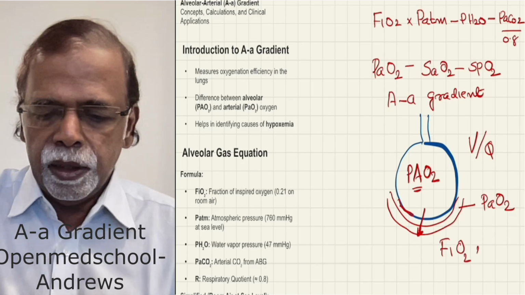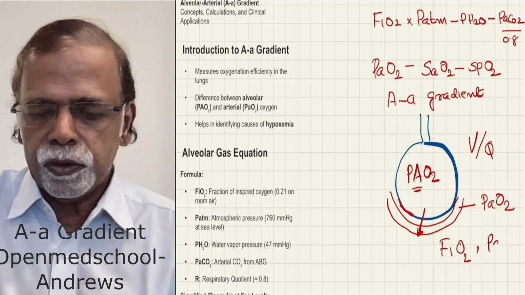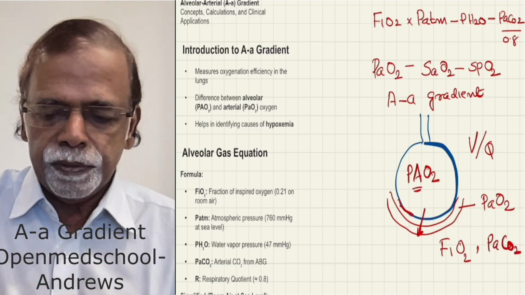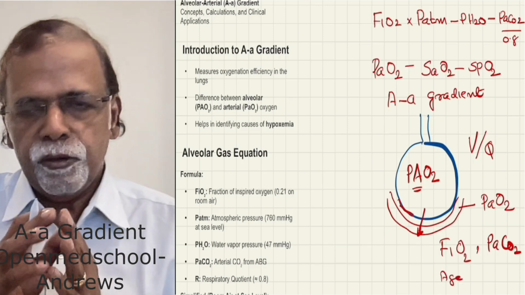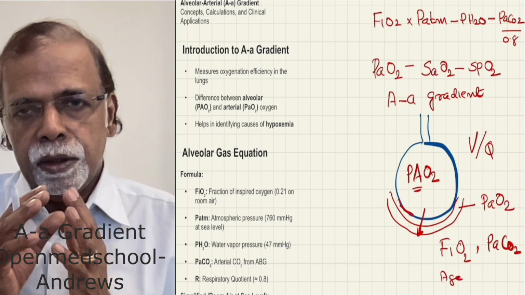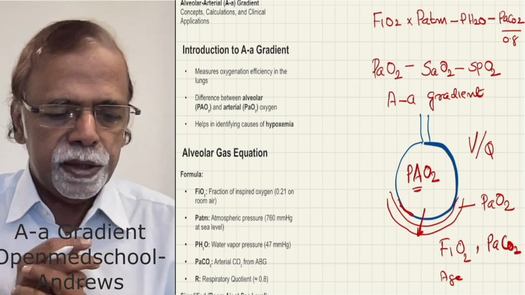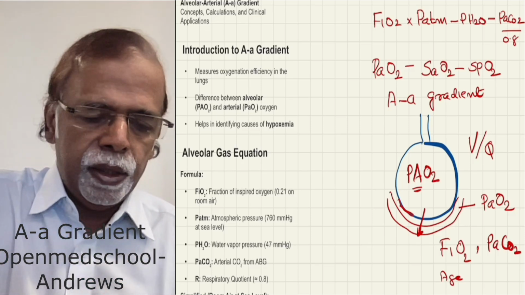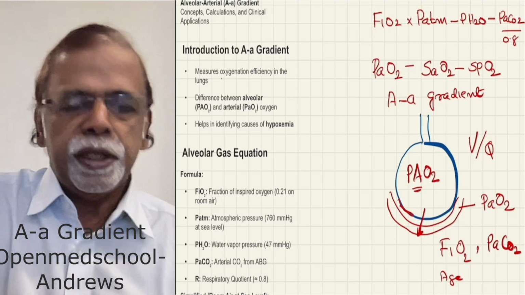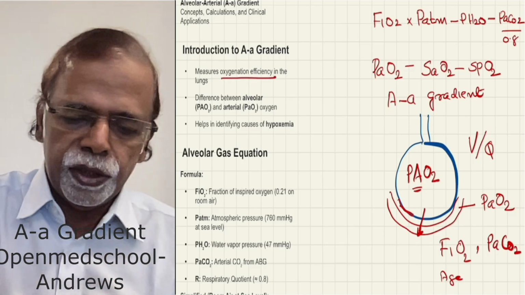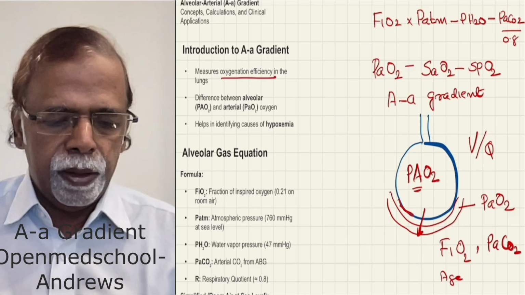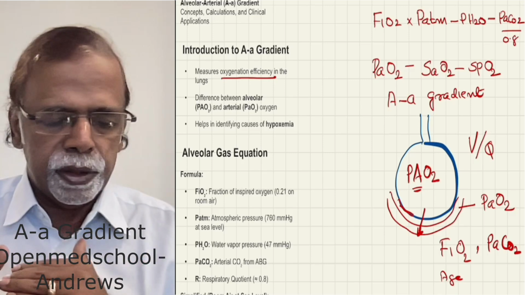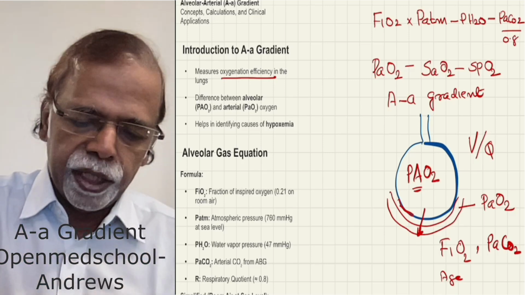Second is the amount of carbon dioxide, the PaCO₂, in the alveoli, and third is the age of the patient and the function of the alveoli. So you can basically say that the AA gradient is a measure of the oxygenation efficiency. The difference between alveolar oxygen, that is PAO₂, and arterial oxygen helps in identifying the cause of hypoxemia.